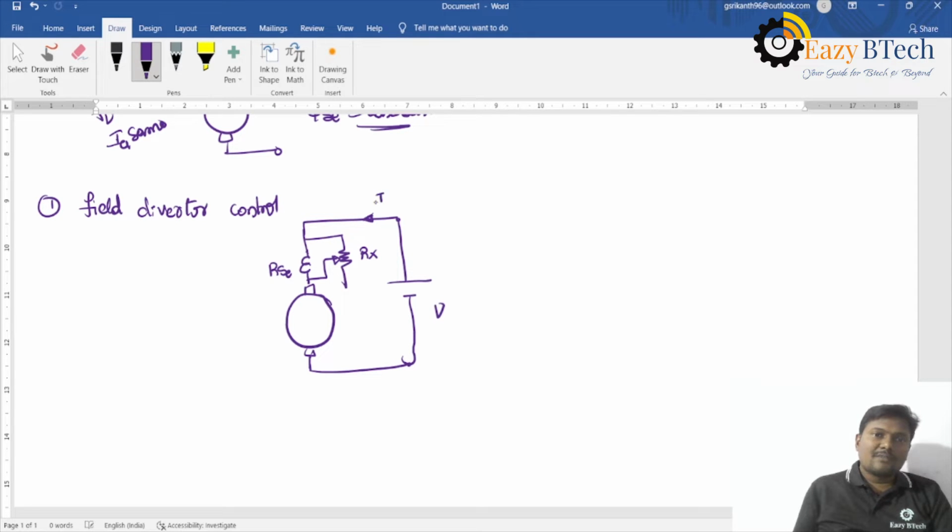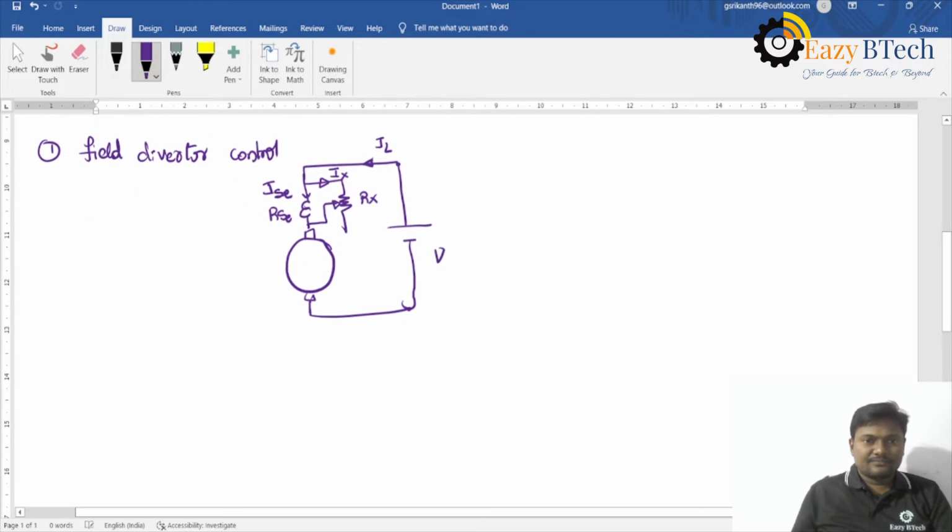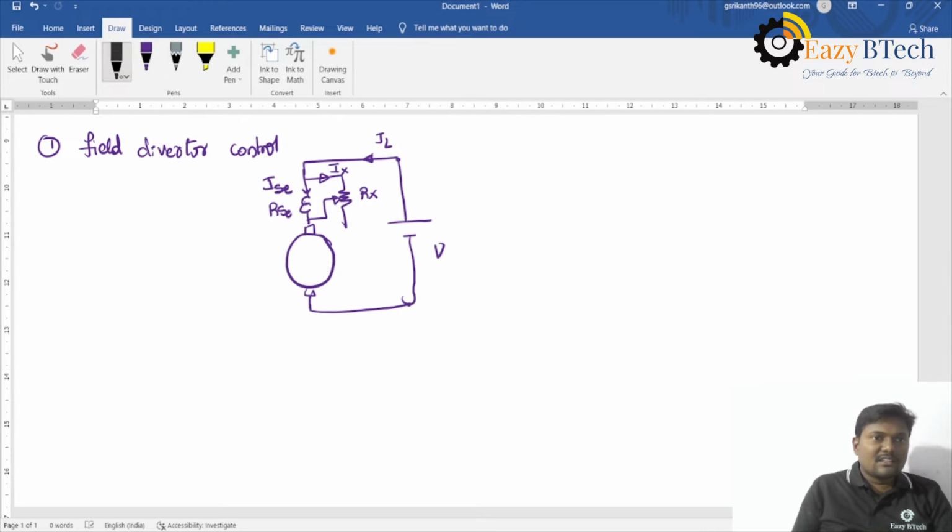The current drawn from the supply is the line current. The current flowing through the series field winding is ISC, and the current flowing through the external resistance RX is IX. If you apply KCL at this node, IL is equal to ISC plus IX.